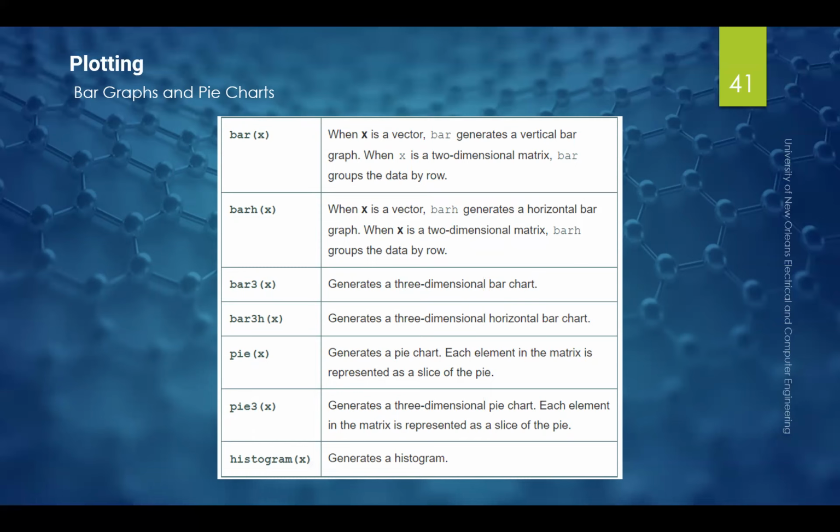Whether it's horizontal, whether it's vertical, whether we're generating three-dimensional bars, like on this one here, bar3 generates three-dimensional bar charts. And the pie, of course, generates a pie chart. If you want to see a three-dimensional pie chart, we use this one. And then we have the histogram to generate a histogram.